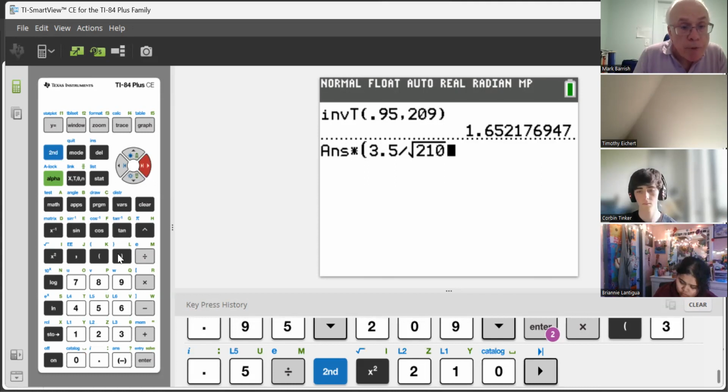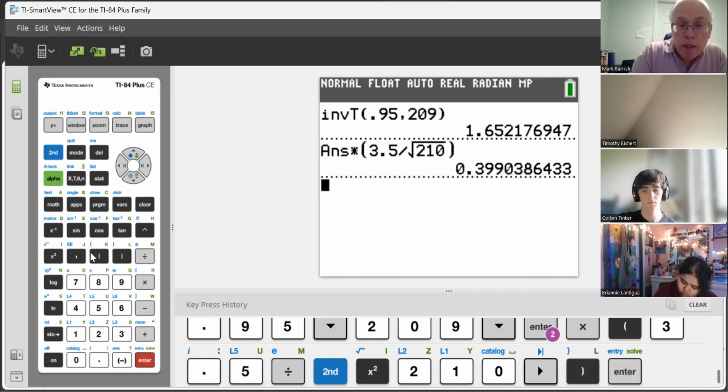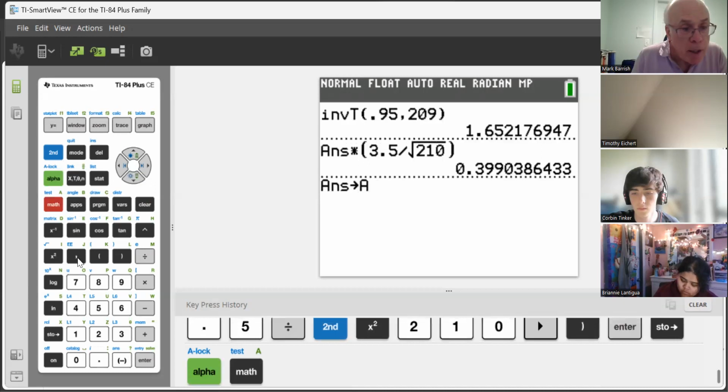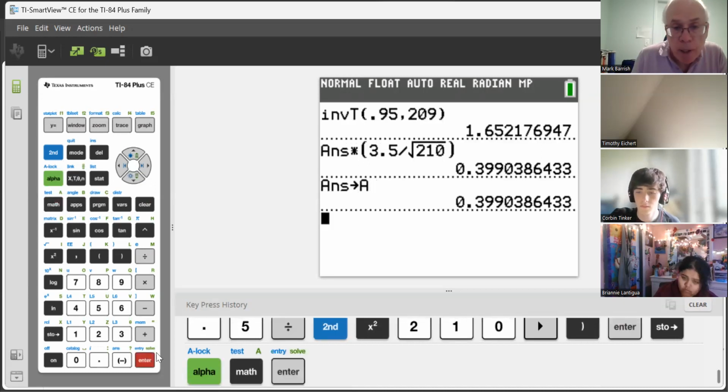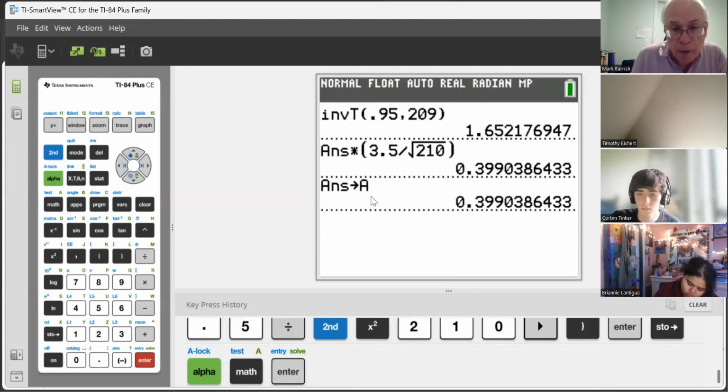Close the parentheses. Hit enter, and that's your margin of error. Looks like it's 0.4 pretty much, but we'll use that number. And I'm going to store it in A. So I'll hit the store button, alpha A, hit enter. And now that margin of error is stored in alpha A.